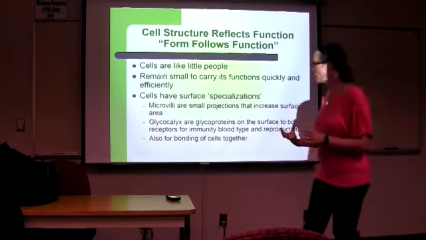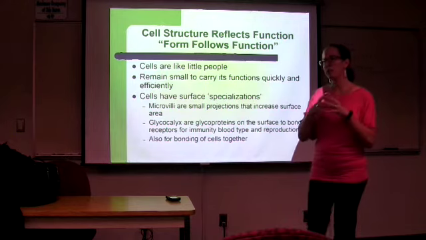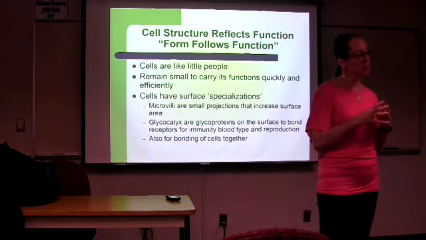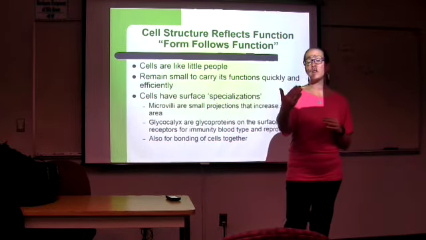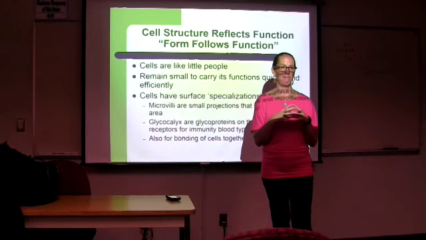The last thing we're going to talk about is glycocalyx. Okay, glycocalyx is this slimy, sugary layer on the outside of cells, which helps cell-to-cell recognition. And one of the theories with cancer is this glycocalyx on cancer cells can actually hide them.